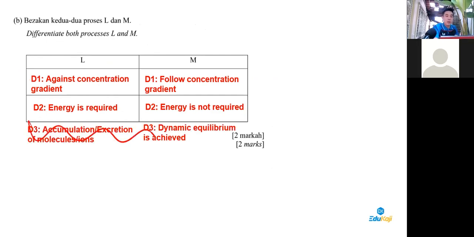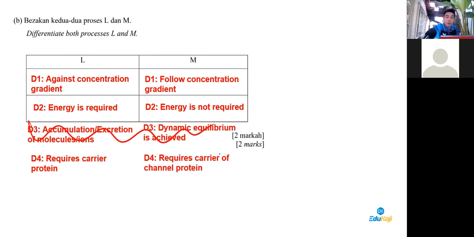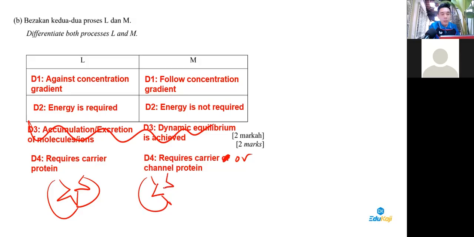This one is not such a good point, but the last one is still okay. Active transport always requires a carrier protein, but M can be carrier, can be channel, can be either one.